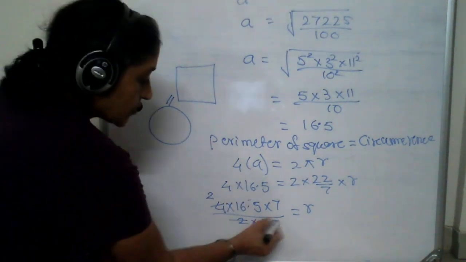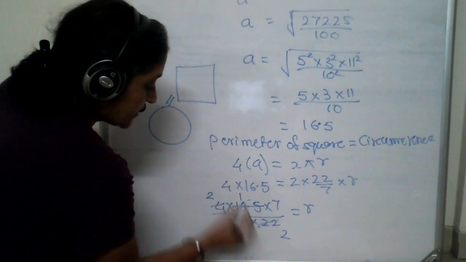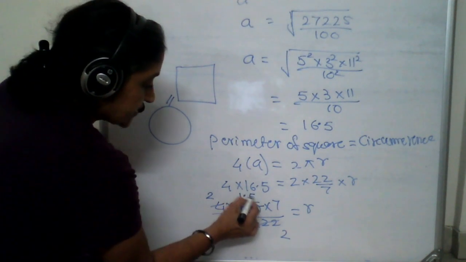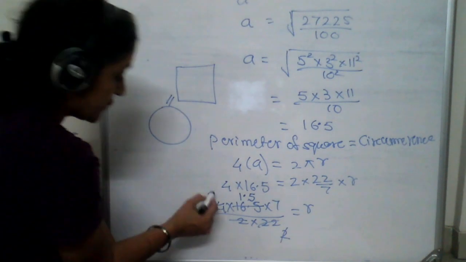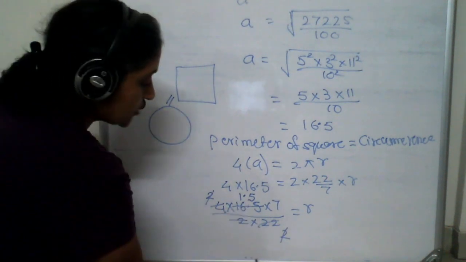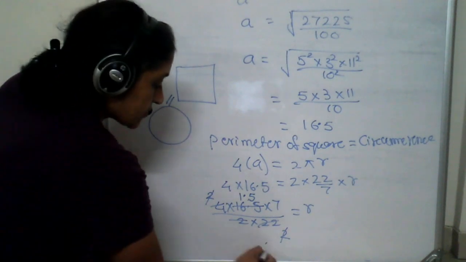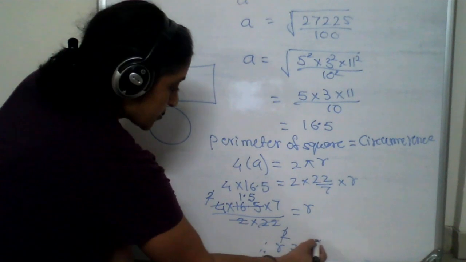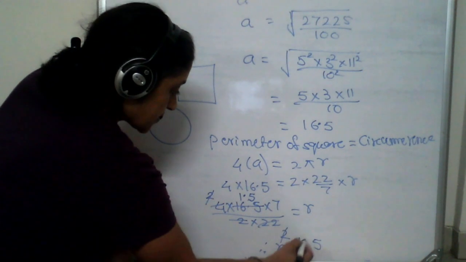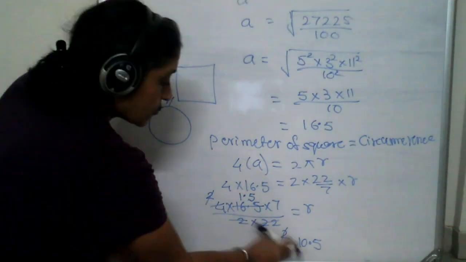2 11s are 22. Here 11 ones are 11, 11 fives are 55. So we have this 2 will get cancelled with this 2. So 1.5 into 7 is r. Okay, therefore r is equal to 1.5 into 7, means 105, that is 10.5. 10.5 what?